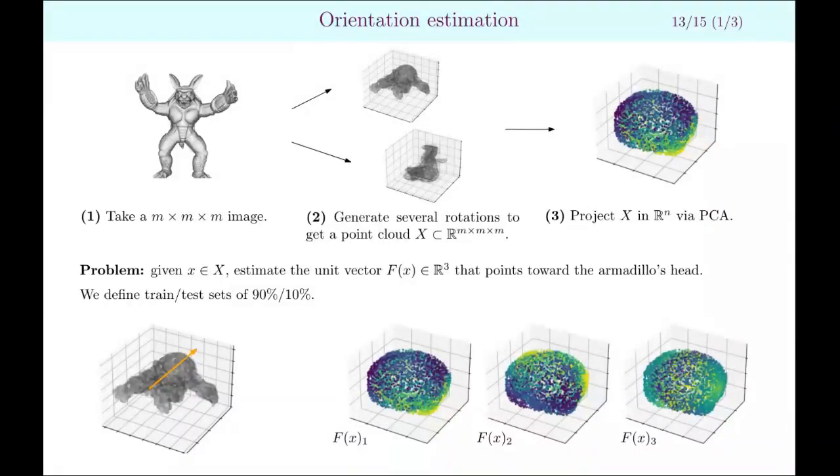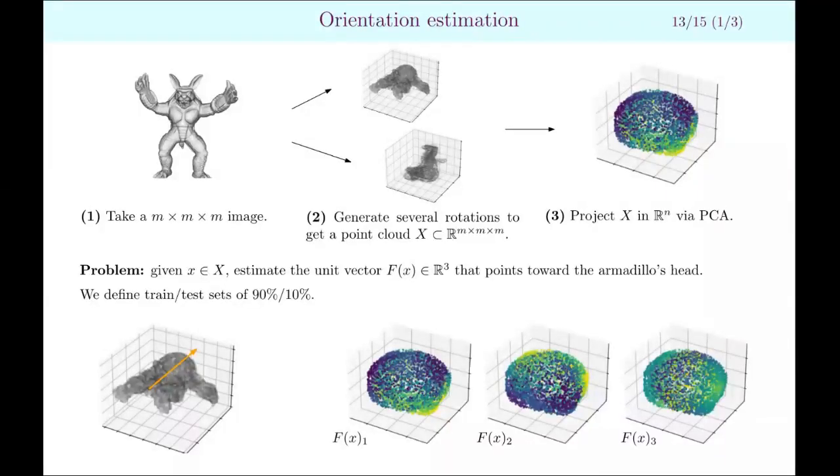And then I define here an estimation problem. We have to define an objective function, and the objective function will be, given one of these points, go back to the initial image and estimate the vector that points toward the head of this animal.